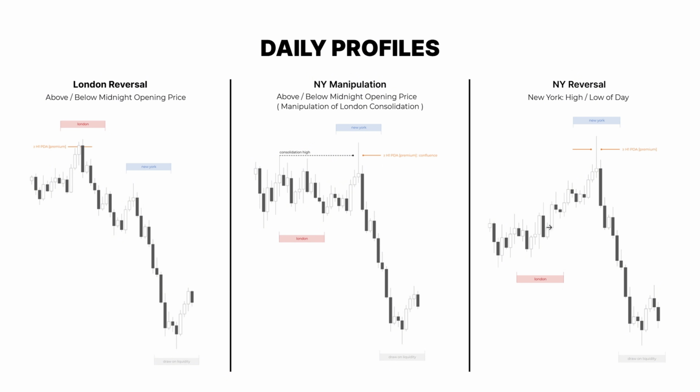Then we see that New York opens, and London ended here, we traded, and then New York opens and we create a wick. Now it's the new high of the day. Since New York opened above it, it's a new high of the day, and vice versa to the downside.